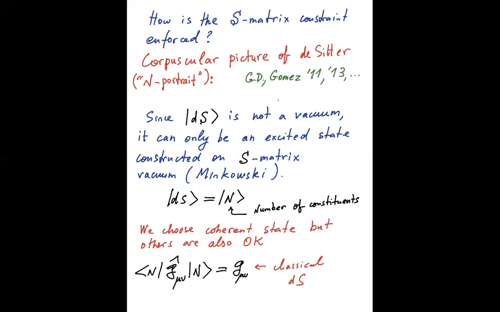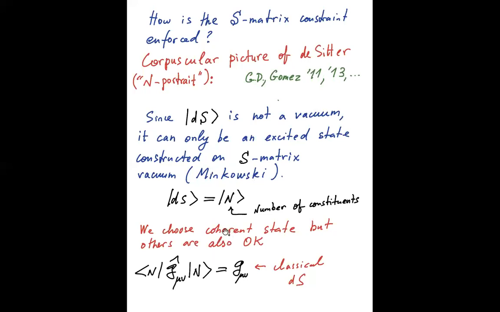Why? Because if de Sitter is not a vacuum, so in S-matrix theory, we only have vacua and excited states on top of the vacua. Now, if de Sitter is not a vacuum, then it has to be an excited state constructed on top of a valid S-matrix vacuum, such as Minkowski. So therefore, we need to treat de Sitter as a state constructed on top of the vacuum.